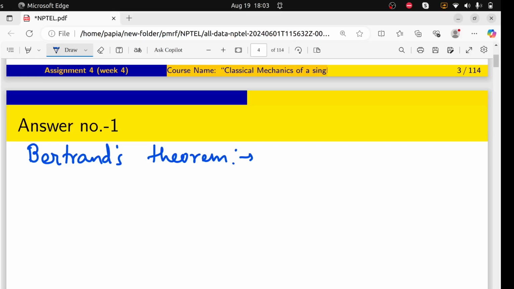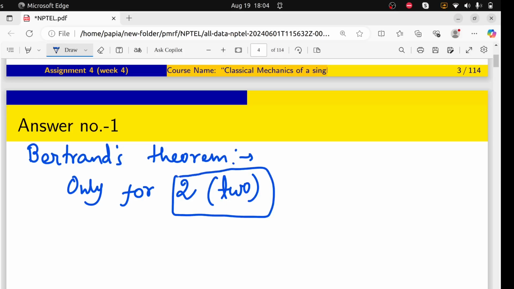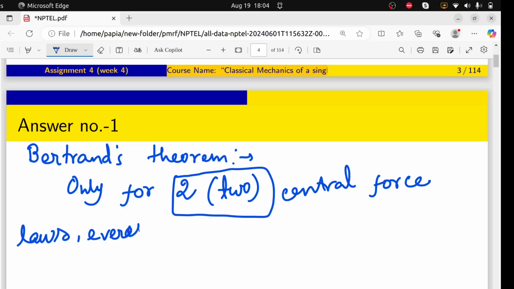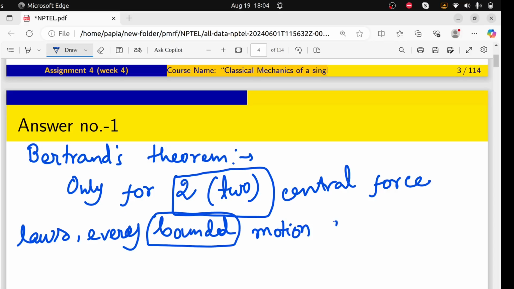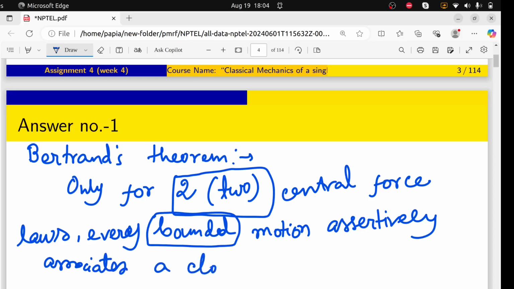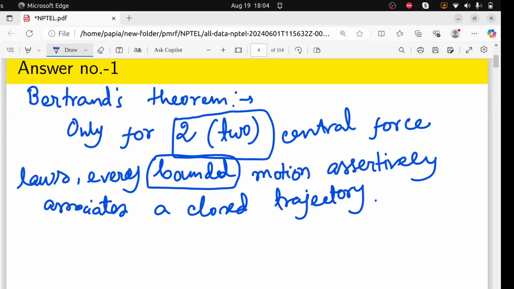The theorem the sir mentioned in his lecture says that only for two central force laws, every bounded motion associates a closed trajectory.